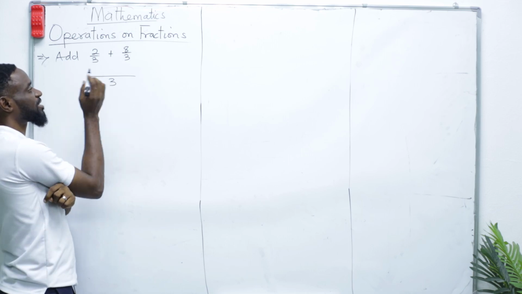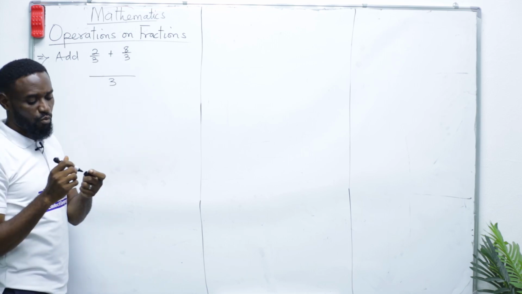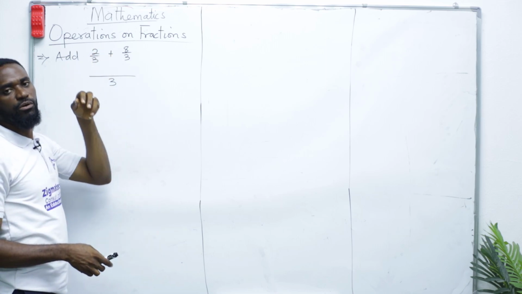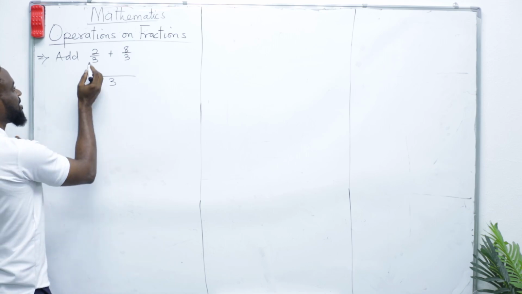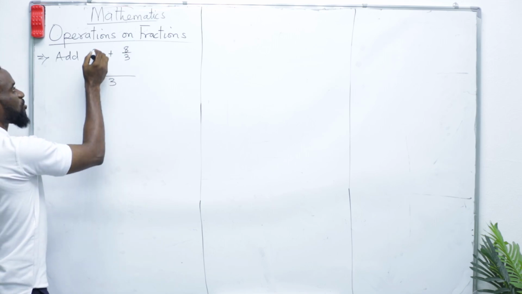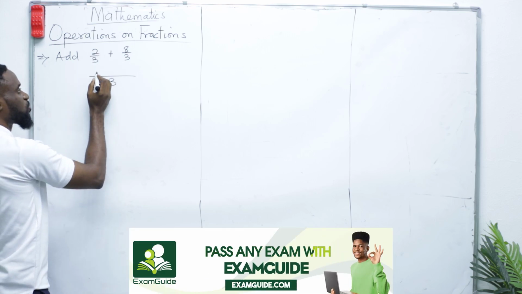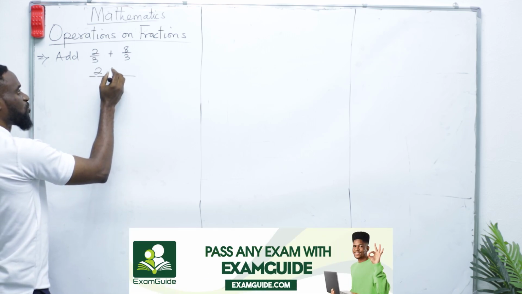That is, 3 divided by 3 is 1. Whatever you get there, you multiply by the numerator. So 3 divided by 3 is 1, and 1 times 2 is 2. So here is 2. Then you bring this plus sign down.